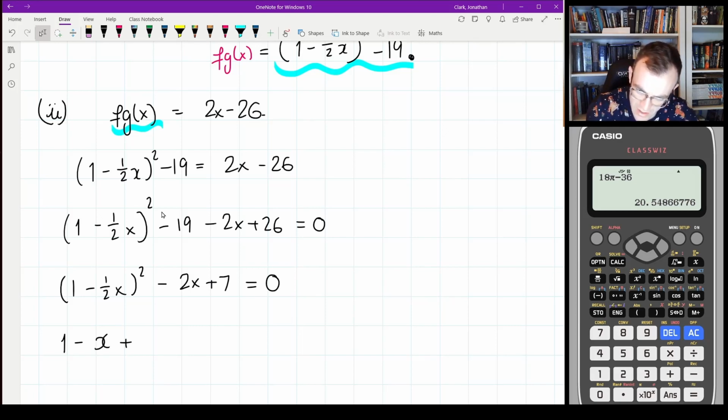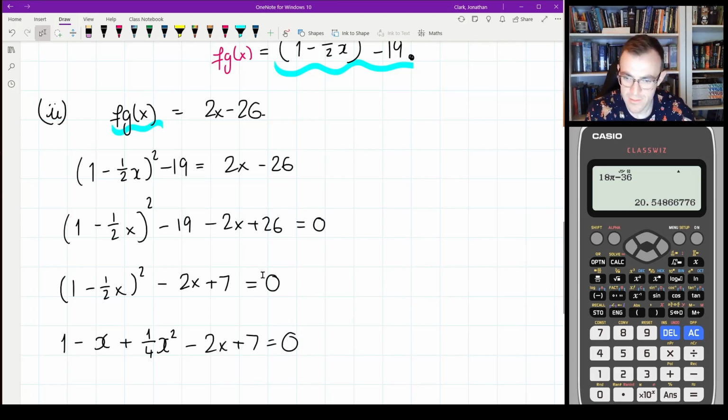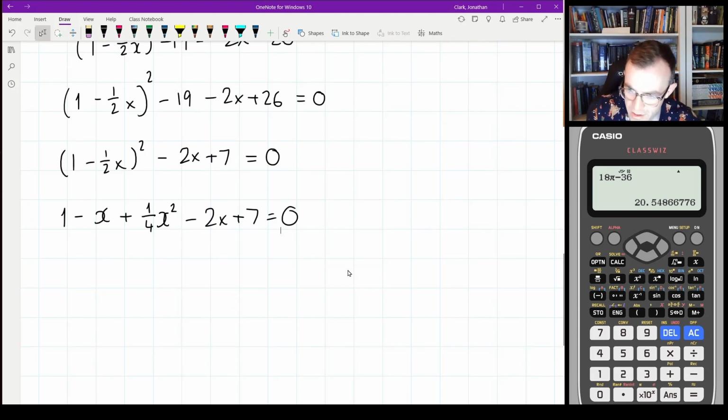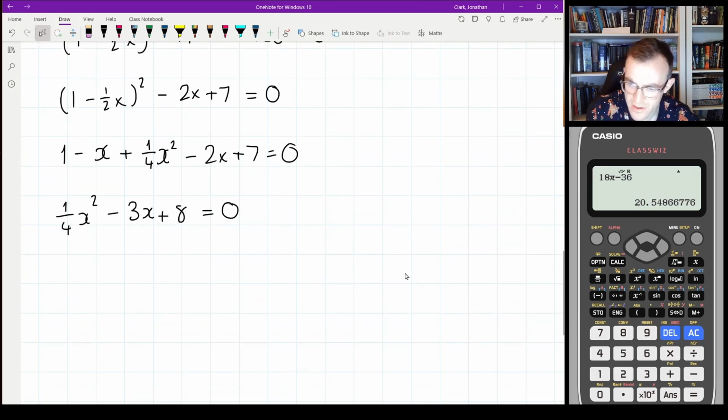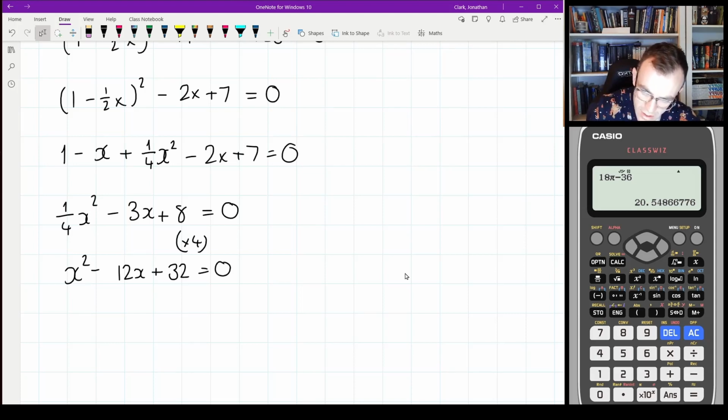And then times in that bit out, half x times itself is a quarter x squared. Okay, let's tidy this up. A quarter x squared, take away 3x, 1 plus 7 is 8. And I don't like this. Let's times it through by 4. Make it a bit nicer looking.